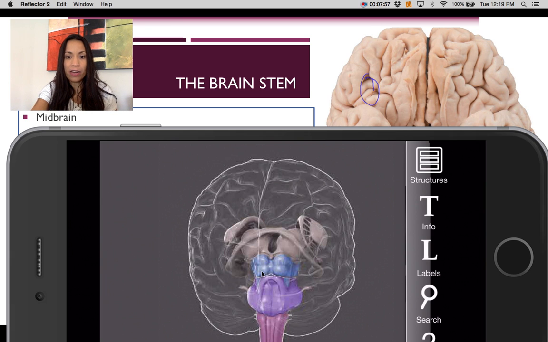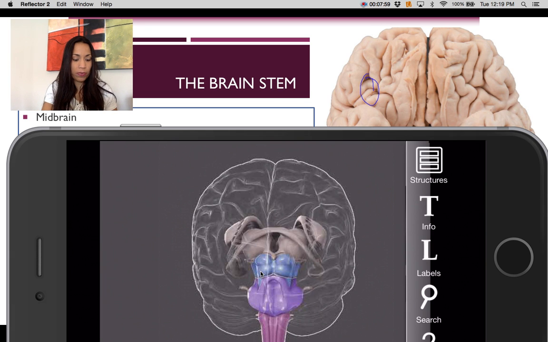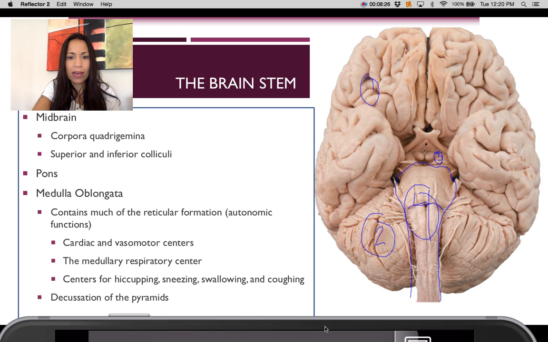So right in there, since there are four little balls, we call it corpora, like body, quadrigemina, like quadriceps, four things. So corpora quadrigemina is this area in the midbrain that consists of four colliculi.